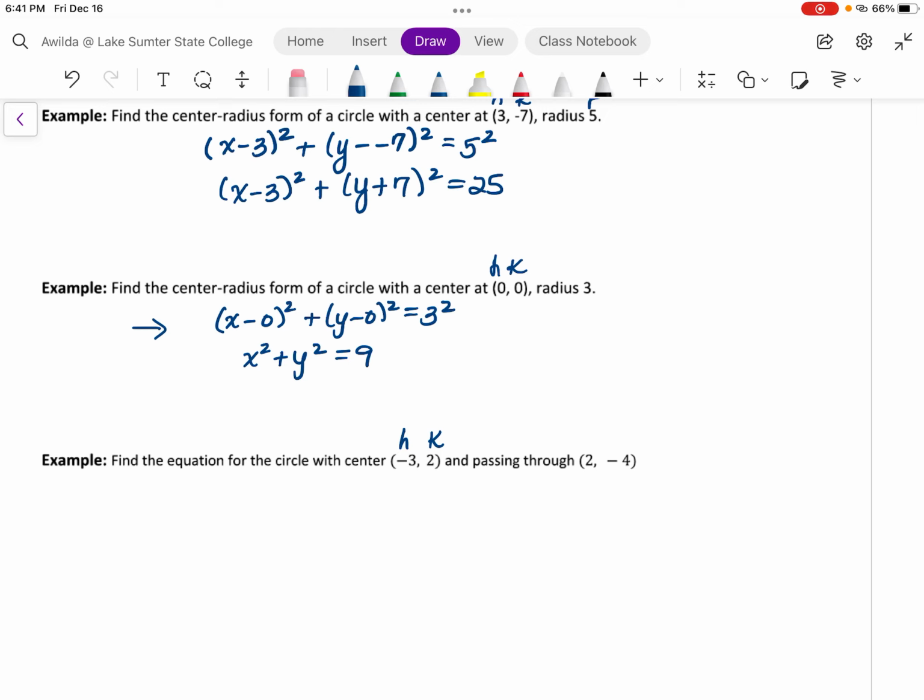Using the distance formula, we find that the radius is equal to the square root of the difference between the two x-coordinates squared plus the difference between the two y-coordinates squared. Let's continue simplifying.